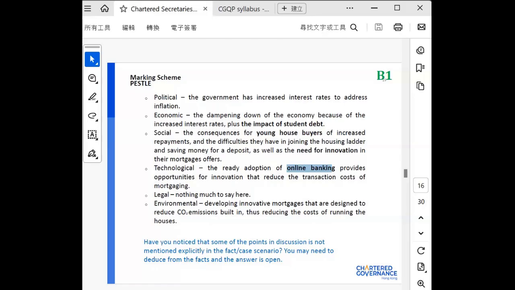So it is legitimate to assume that they have to adopt online banking. Now you can see that even in the marking scheme, it's not 100% coming from the question itself. Sometimes you need to deduce some of the facts, but don't worry, it's a little bit open-ended. So long as you can give reasonable explanations, that would be quite good.